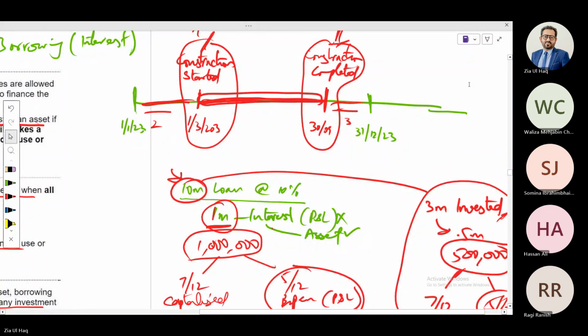This means borrowing costs relating to this construction period should be capitalized. How many months? That is 7 months. But suppose out of this time period, 1 month of construction was halted, stopped due to some technical errors.